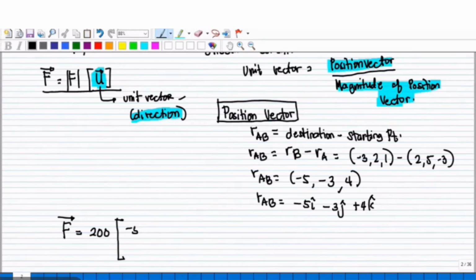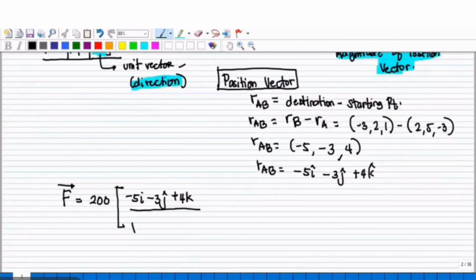This is negative 5i minus 3j plus 4k. This is all over the square root of. Okay, kapag magnitude, that's the square root of, okay, 5 squared. So, hindi ko na isulat yung negative kasi magpa-positive rin naman yan kasi mag-square rin naman. Okay, so this is plus 3 squared plus 4 squared.